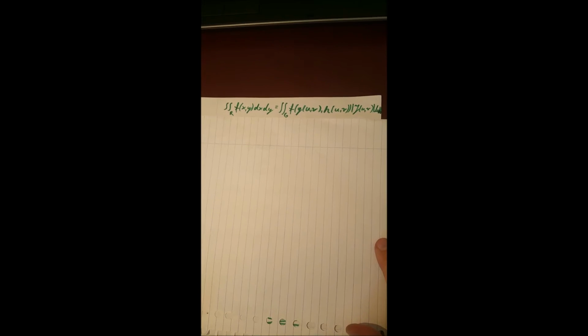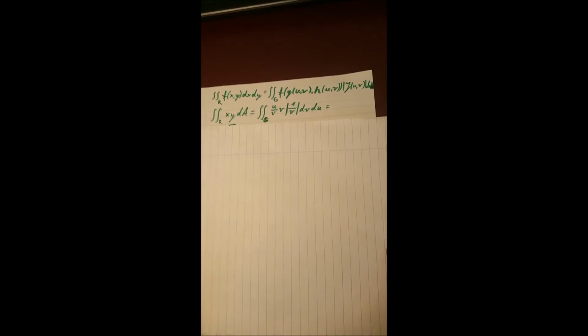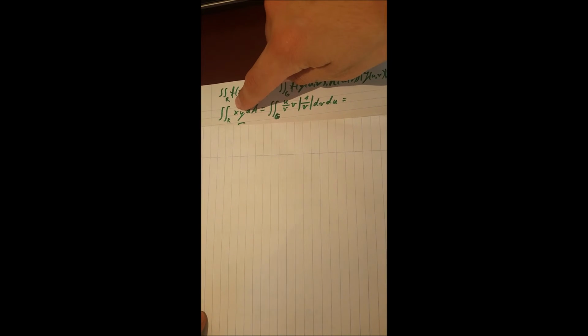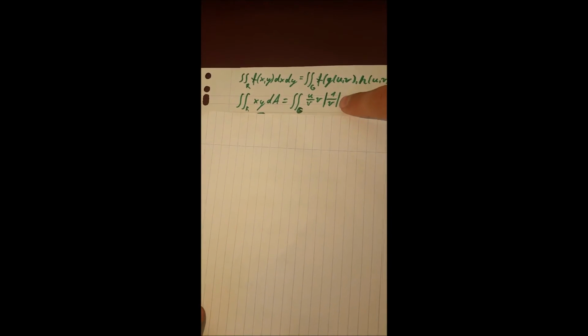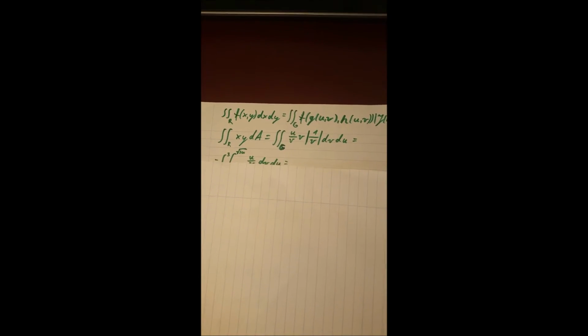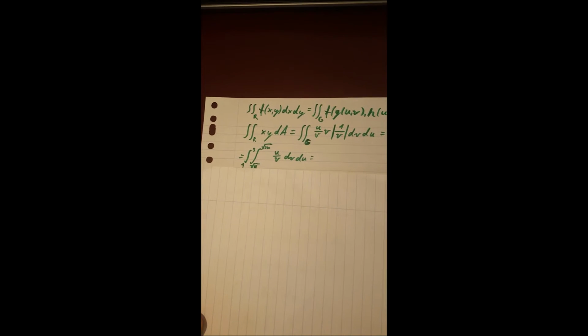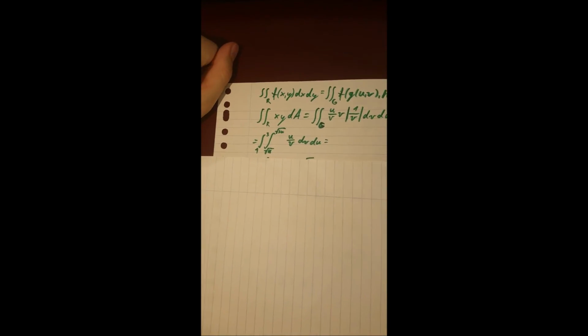So this is the rule from the slide, and here we just use the transformation of x and y, fill that in and multiply it times the Jacobian, because that's the rule. And from this we just apply our algebra.